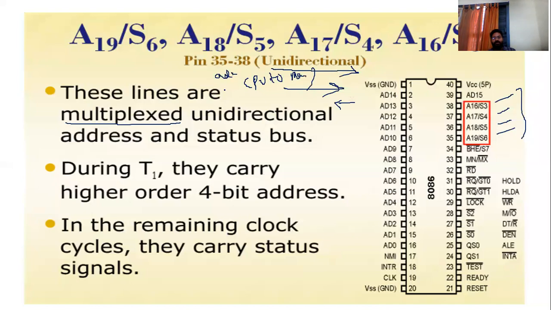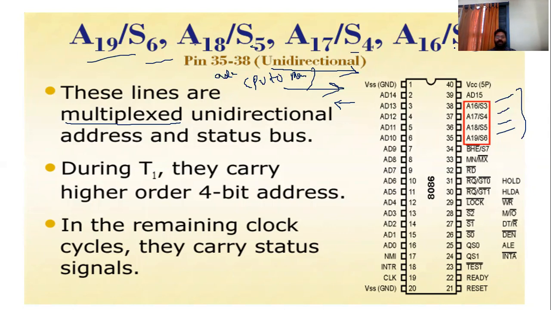But these are multiplex lines. Multiplex means the same pins we are using for multiple operations. A19, A18, A17, A16 are the address lines, but S6, S5, S4, and S3 are used as the status lines.